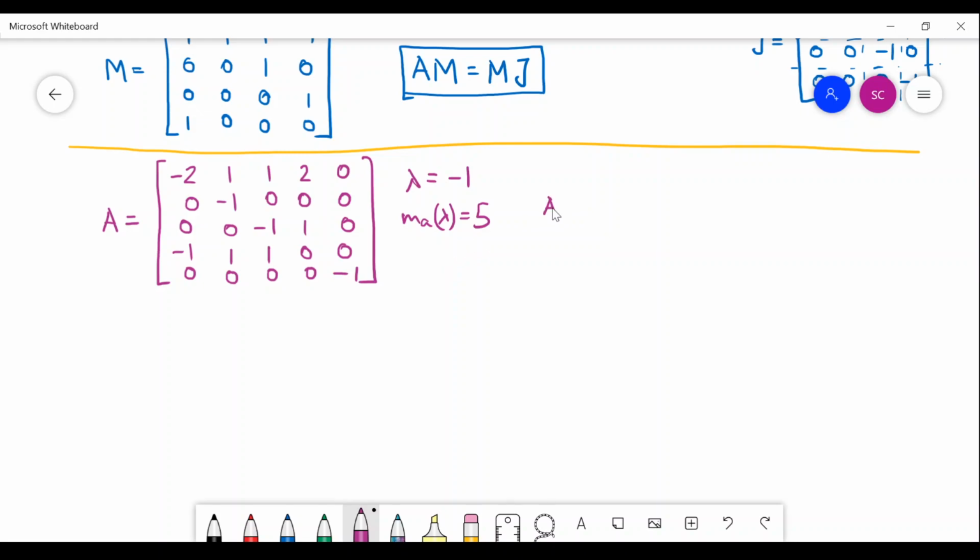So you have to again do A plus I. When you do A plus I, you are getting this matrix.